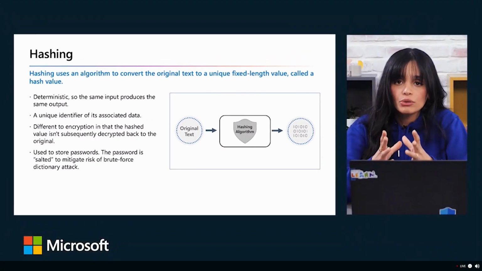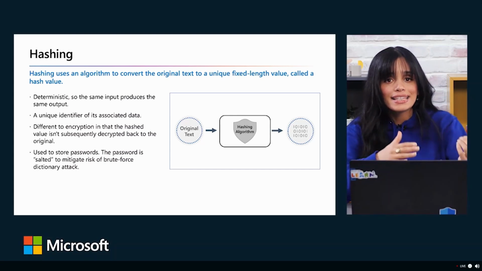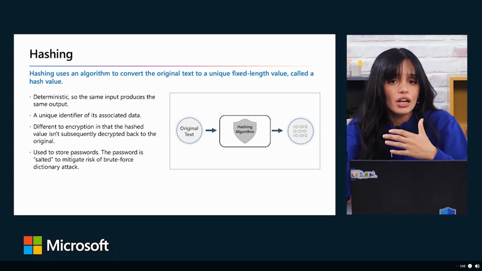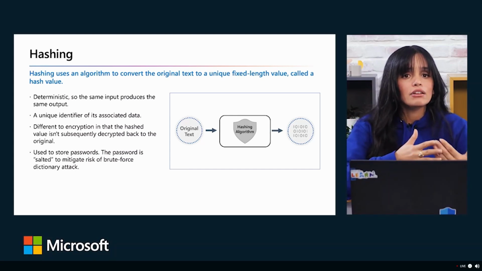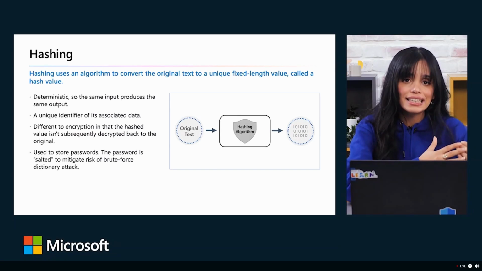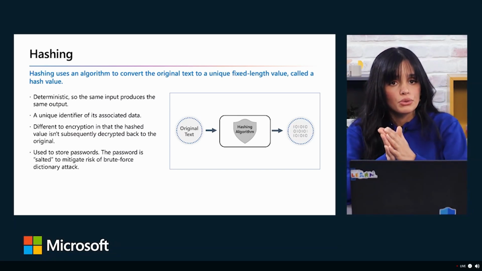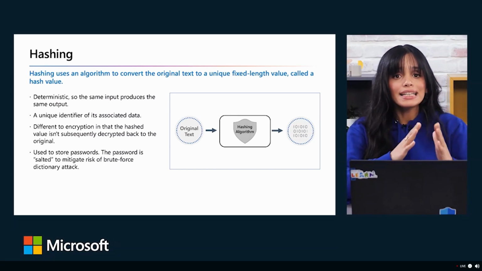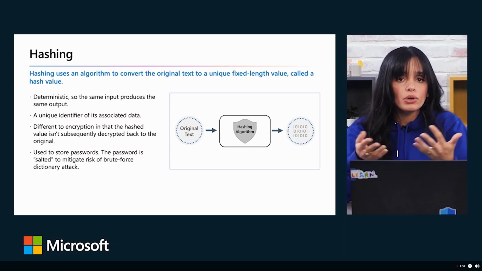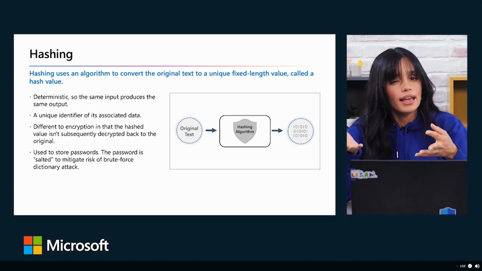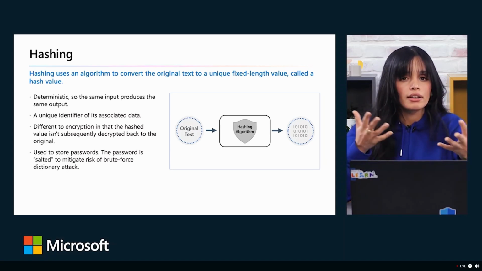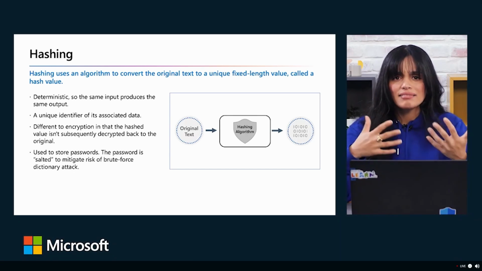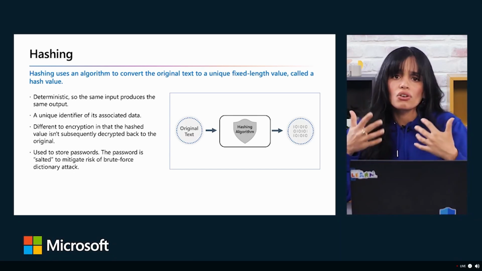With hashing, we will use an algorithm, in this case known as the hashing algorithm, which typically produces a fixed size key. Typically, these can be anywhere between 128 bits to 256 bits, and they keep getting stronger and stronger.